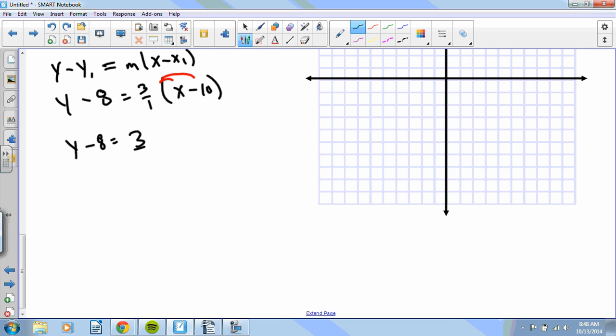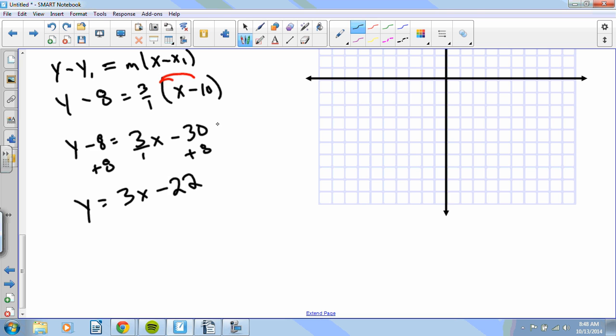It'll give me 3 over 1 x, and then minus 30. Then I'll add 8 to both sides to clean things up. Notice I'm adding it to the 30 because it's a non-variable. I don't want to confuse that with my variable, so y will equal 3x minus 22.